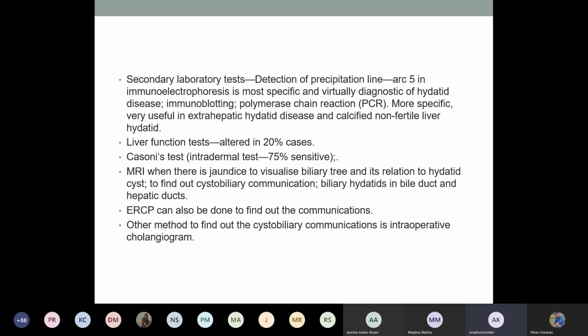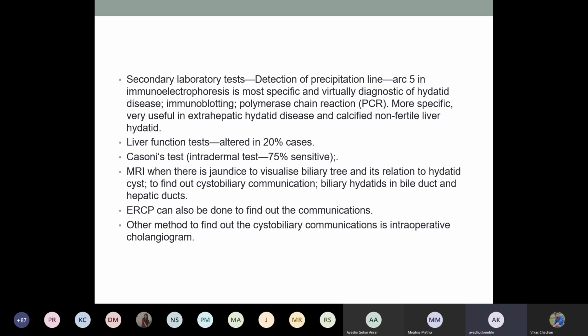Few of the secondary investigations, laboratory tests for detection of parasites, immunoelectrophoresis, specific and virtually diagnostic of hydatid disease, immunoblotting, polymerase chain reaction PCR, more specific, very useful in extrahepatic hydatid disease and calcified non-fertile liver hydatid.